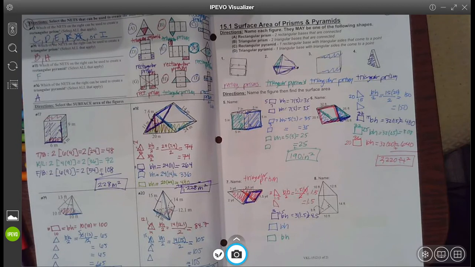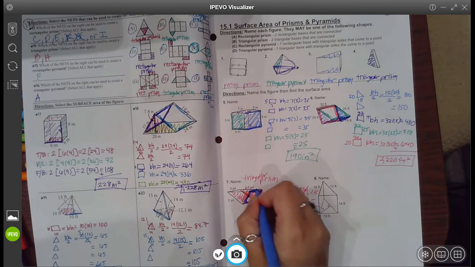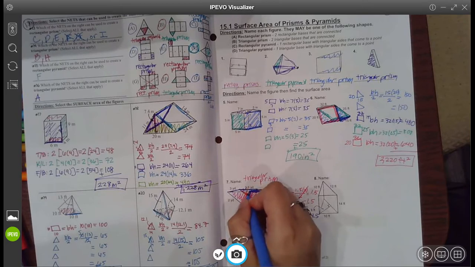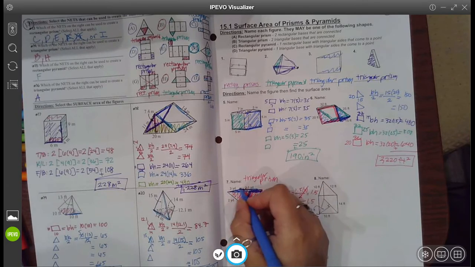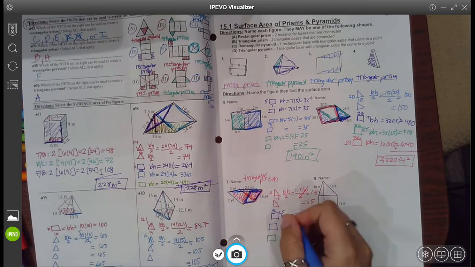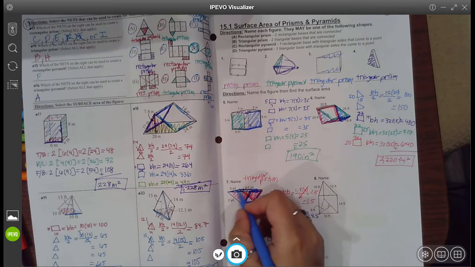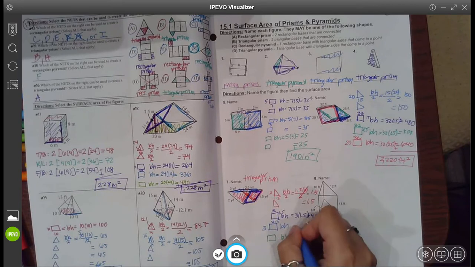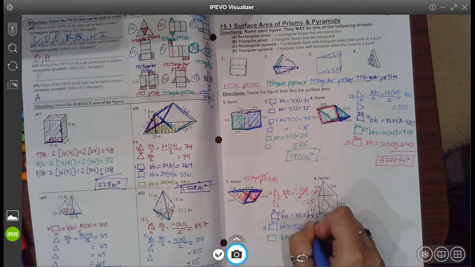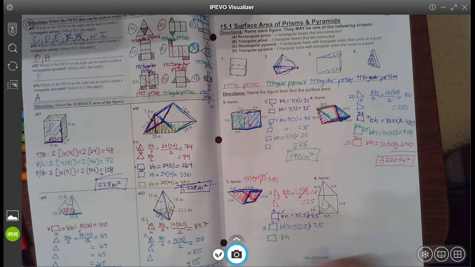Okay, where do you see another rectangle hiding? I see it up top, right there. Okay, so this side of that top rectangle is 2.5, and then your other side right there is 3. So you have 3 times 2.5, and 3 times 2.5 is 7.5.